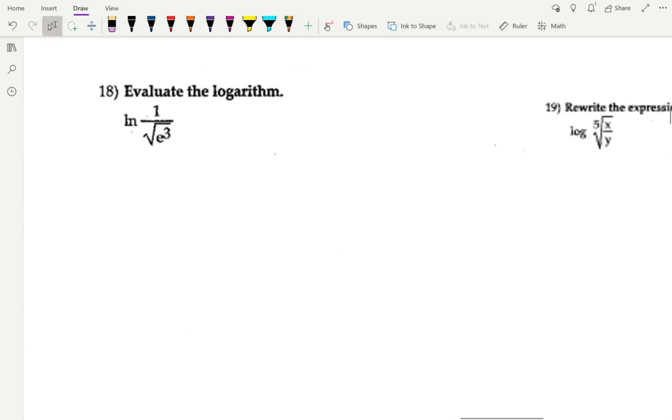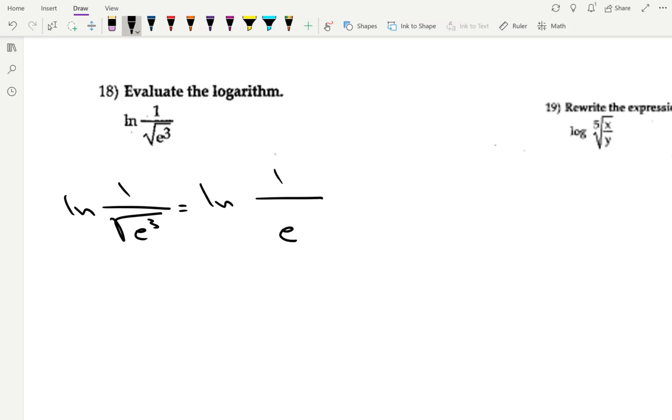All right, let's see if we can do something here. ln of 1 over the square root of e to the third. I want us to kind of grow up here, and you have to write e to the third to the 1/2. Then if you raise a power to a power, you multiply. So that's 1 over e to the 3/2.